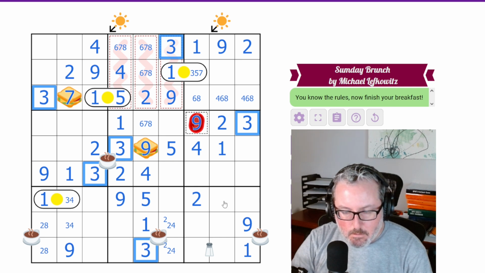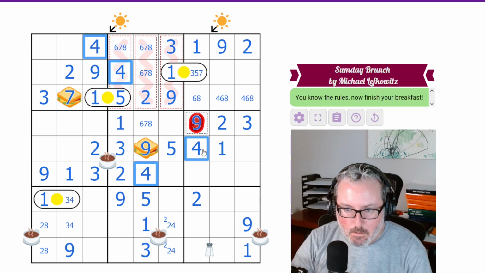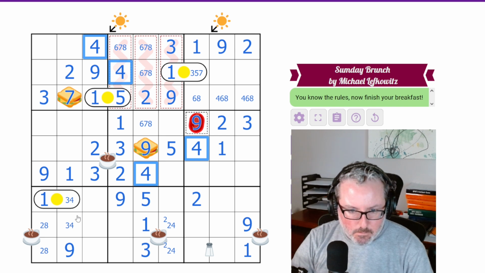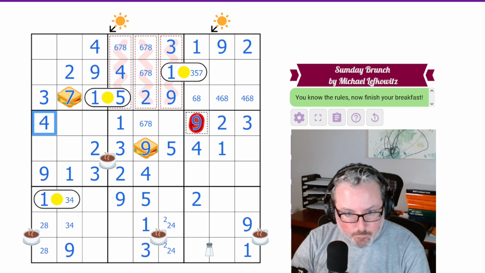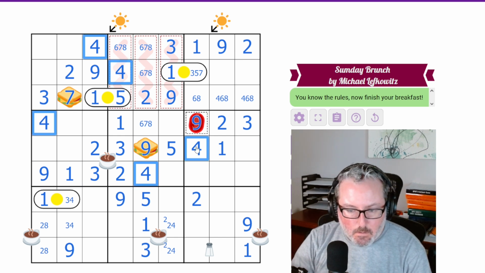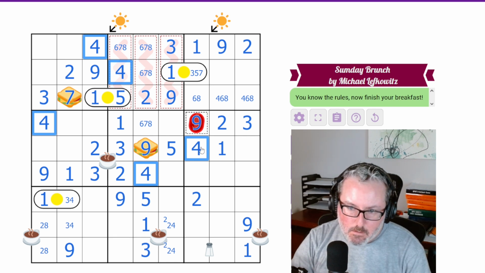One of these 3 is a 3, so that's not too much use there. We know one of these is a 4 already. We know one of these is a 4 already. We know one of these is a 4 already, so none of these are 4s, which makes this a 4. Can we do anything else with the 4? Don't think so at this time.